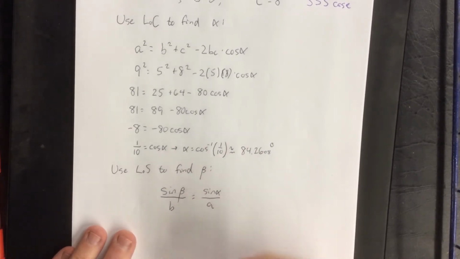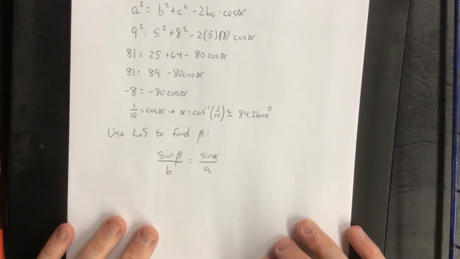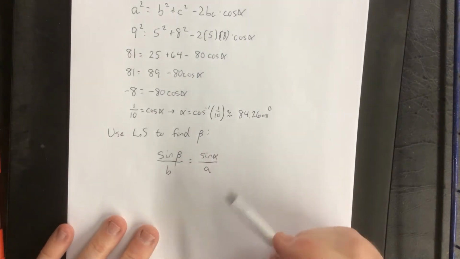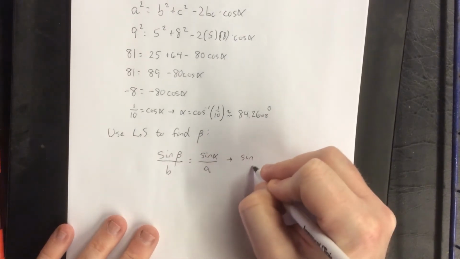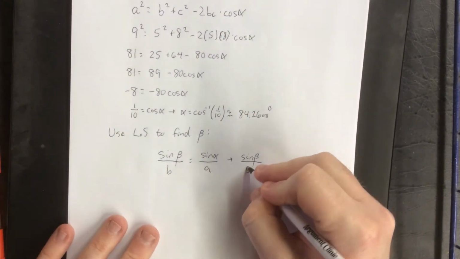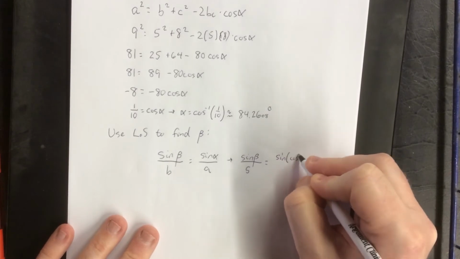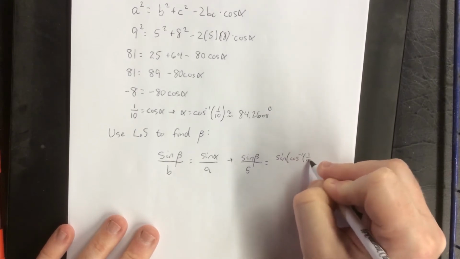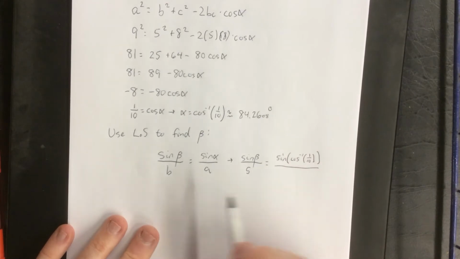So sine of alpha over A. Now for the purposes of what I'm doing here, I'm going to revert back to the exact value. So sine of beta over B, which is 5, is equal to the sine of alpha, which is the inverse cosine of 1/10, over A, which is 9.